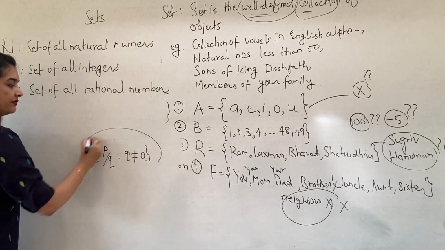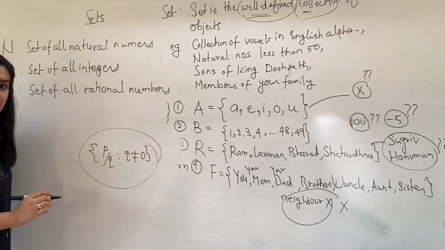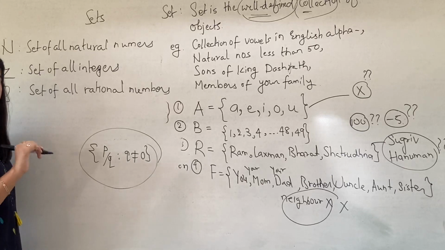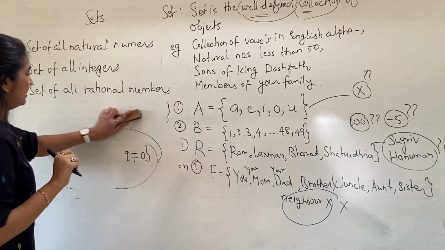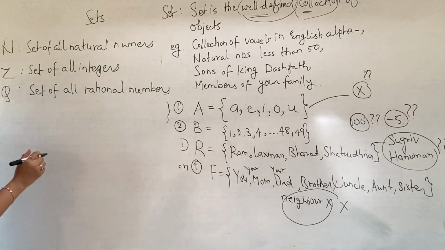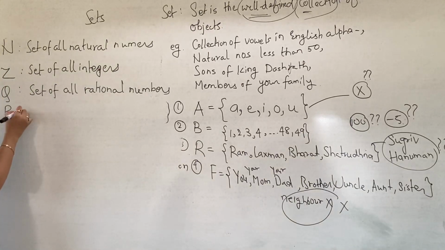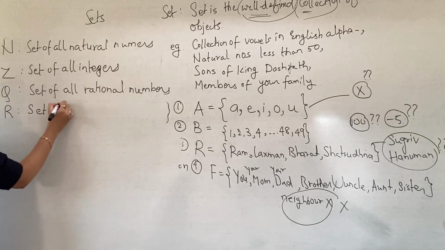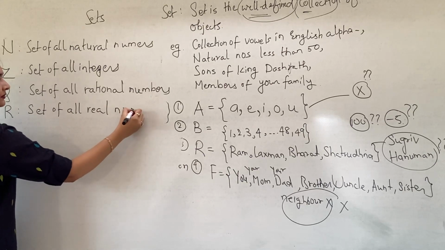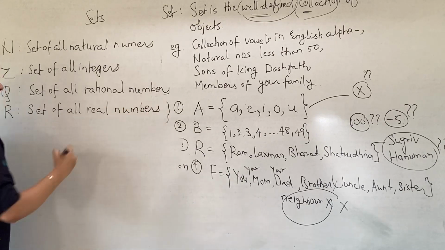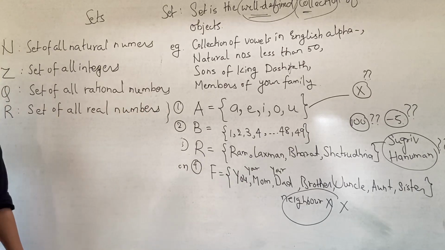If the number is of this form, then that is called the rational number, and we are denoting that as Q. Next is R. R is nothing but, you all know, set of all real numbers, which we denote on the real line.